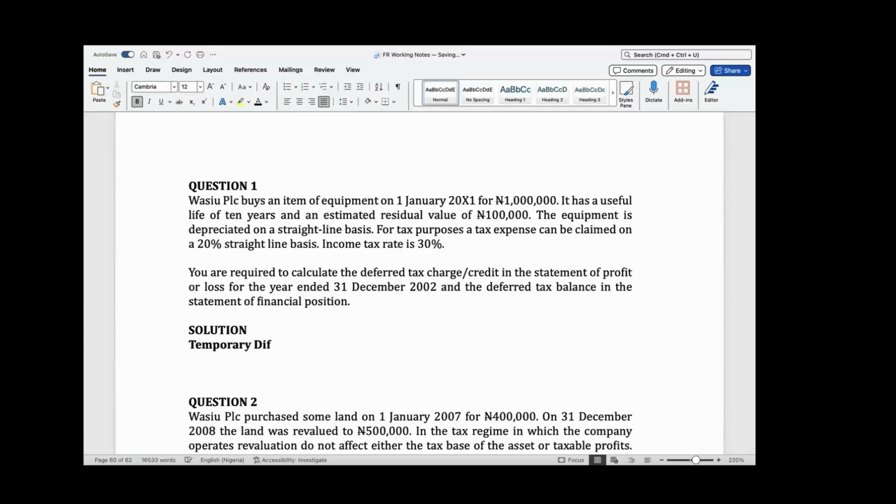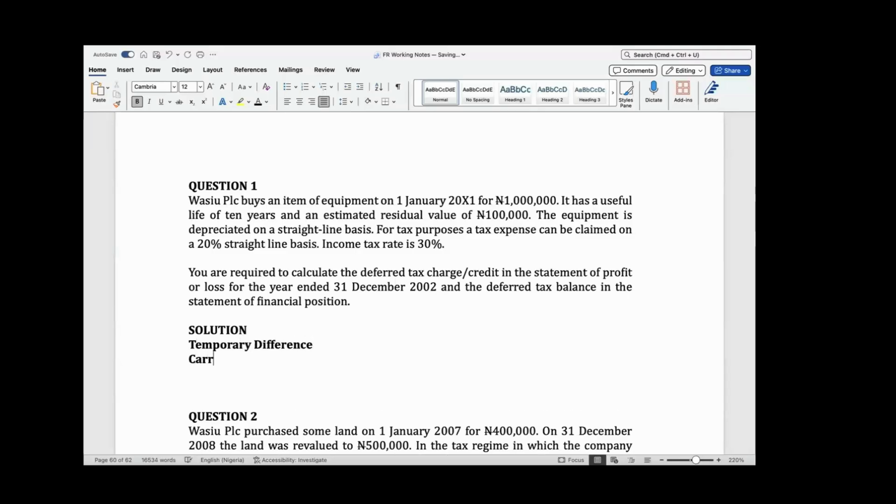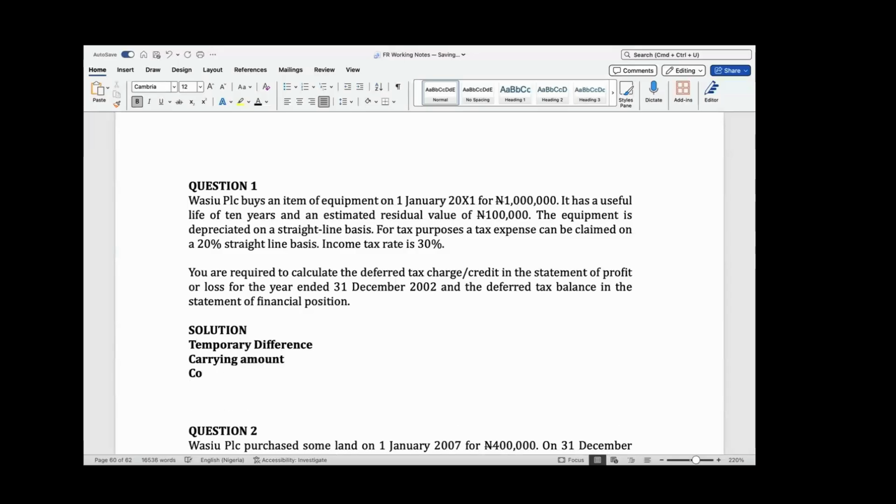I told you that you do temporary difference. Now, we can do carrying amounts, which is cost minus accumulated depreciation.